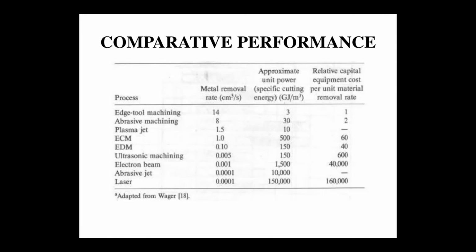If you see electron beam, it gives 0.001 cubic centimeter per second MRR. By comparing with the others, you will get the importance of this EBM.